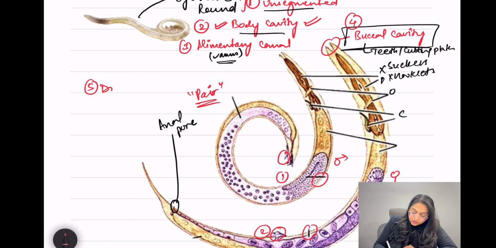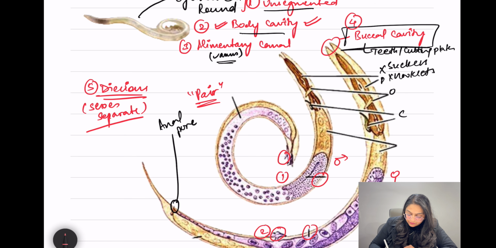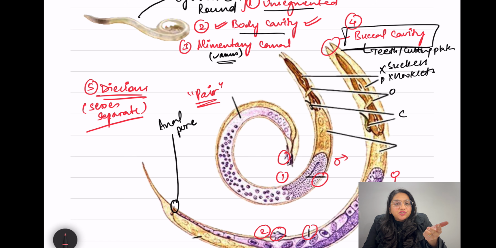They are dioecious. Sexes are separate. So you can remember the 5 points of cestodes, trematodes and nematodes. You will talk about the mouth, the body cavity, segmentation and shape, alimentary canal, sex is separate.